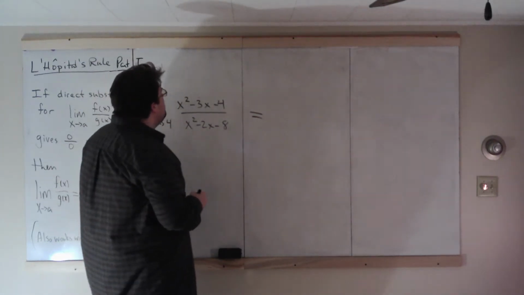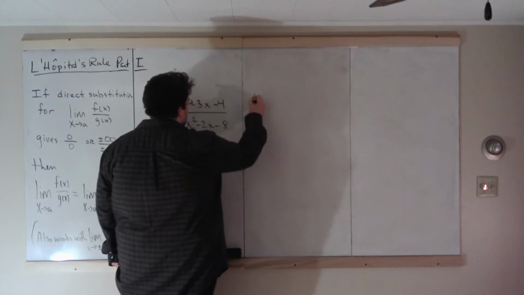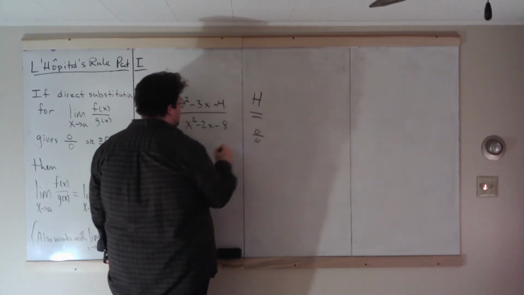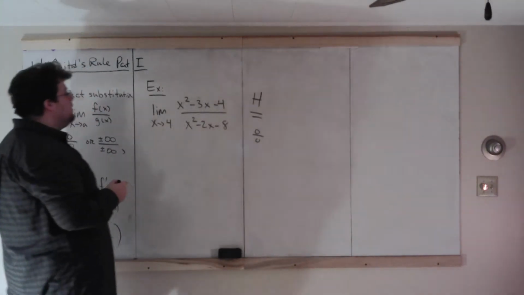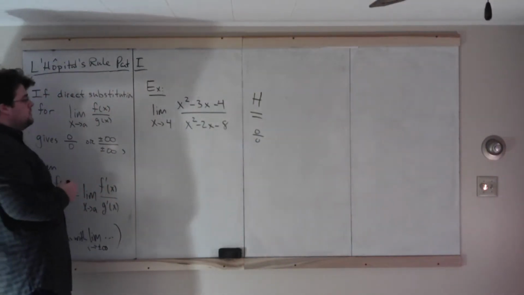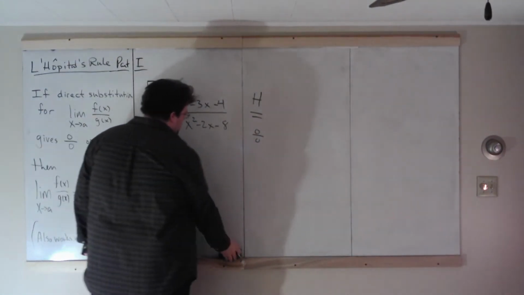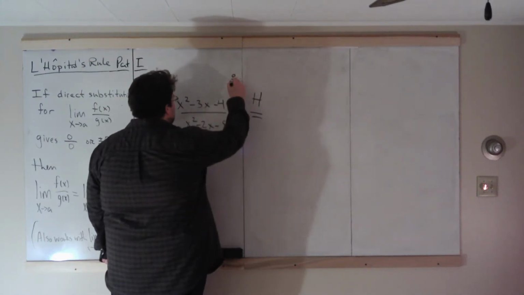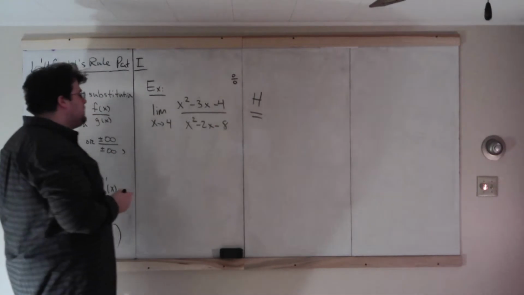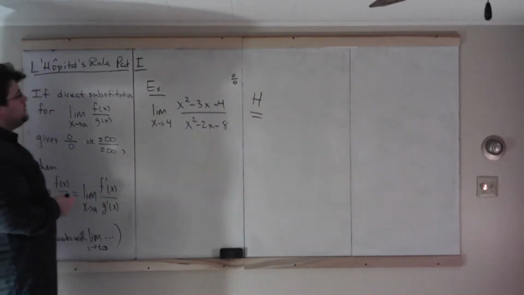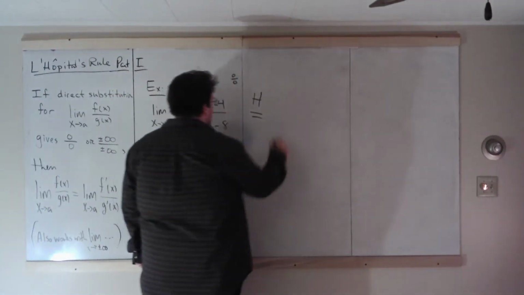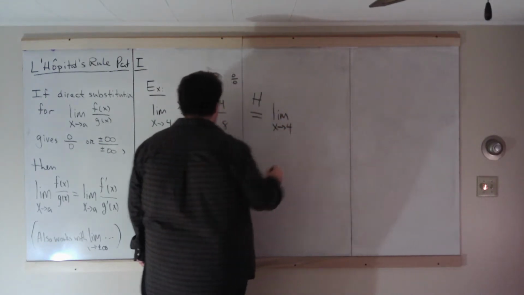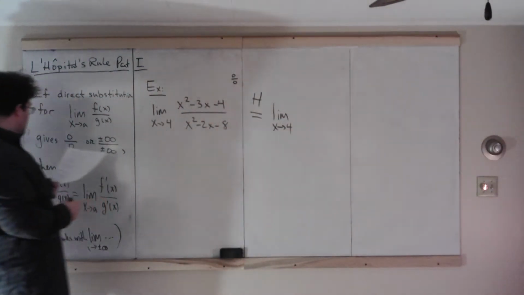So we can use L'Hopital's rule. You can note the 0 over 0 wherever you want, as long as you note that it is a form on which you can apply L'Hopital's rule. By L'Hopital's rule, we can compute that limit by computing this limit, still as x approaches 4.